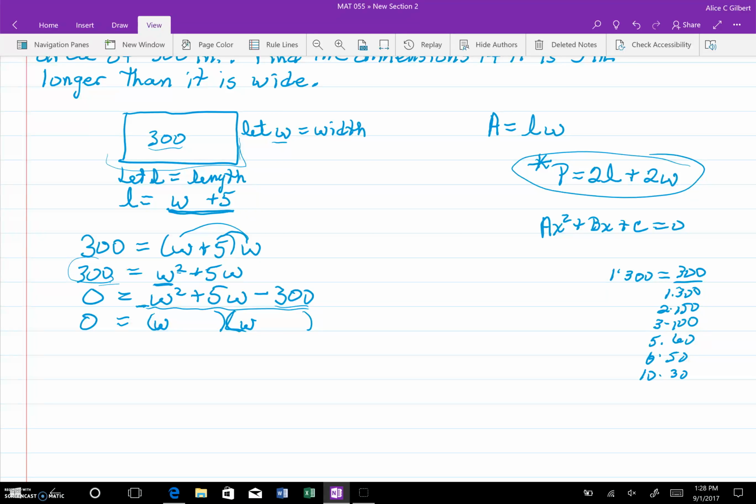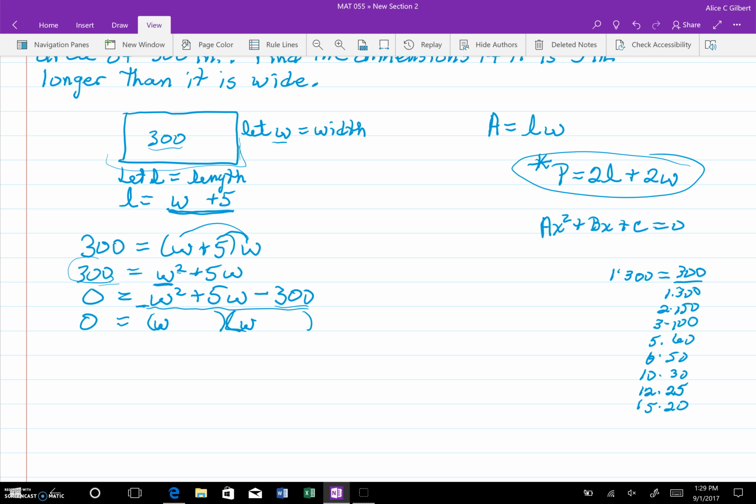11 doesn't go into it, 12 does. 12 goes into 30 twice. That's 24, so that leaves me 6. So that's 60, and 12 goes into 65 times. 13 doesn't, 14 doesn't, 15 does. 15 goes into 30 twice, leaving just the 0. 16 doesn't, 17 doesn't, 18 doesn't, 19 doesn't, and 20.